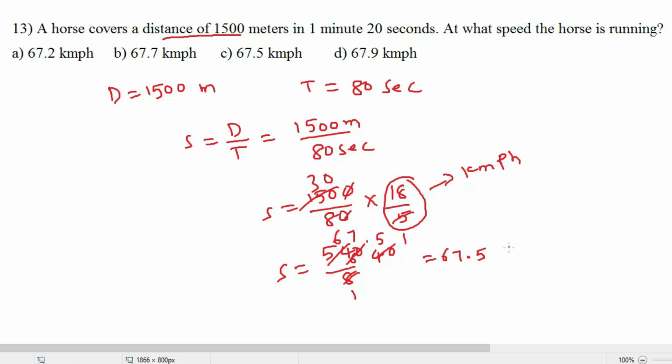Speed equal to 67.5 kilometer per hour. The horse running speed is 67.5 kilometer per hour. Option C.